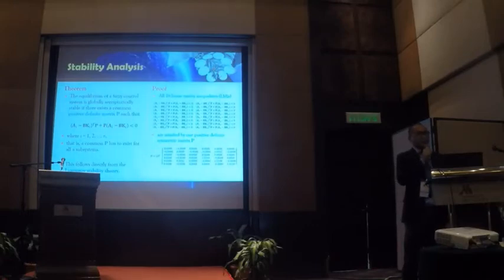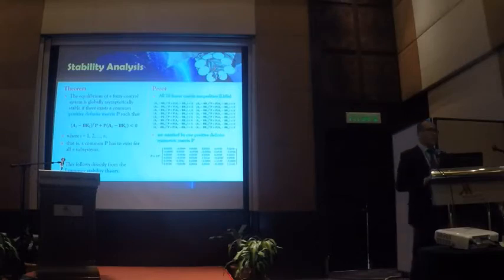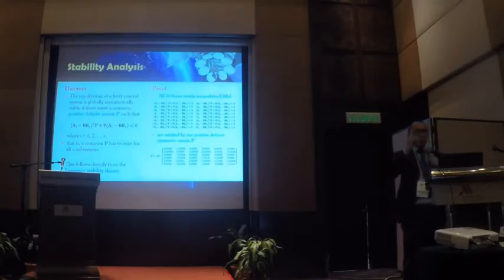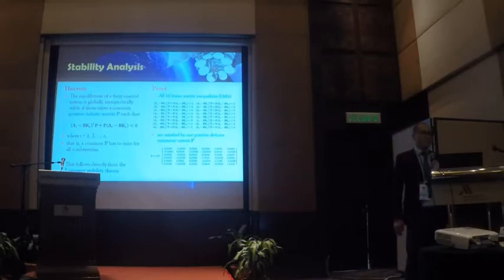We design the state feedback controller, which is K1 to K4, and we need to show that these K control gain matrices are stable, corresponding to the fuzzy state space model. So the method to prove this stability is to find a common positive definite matrix P. This follows from the Lyapunov method.